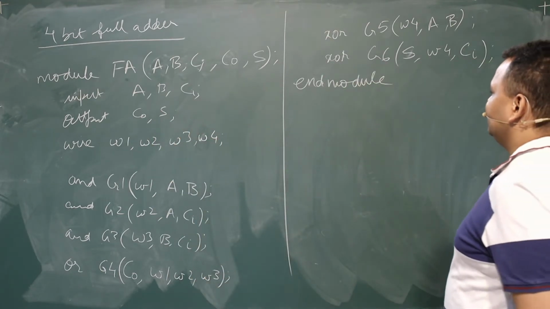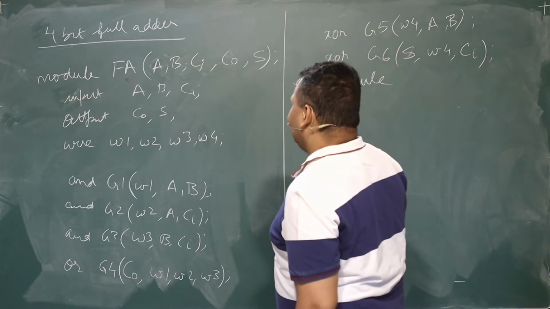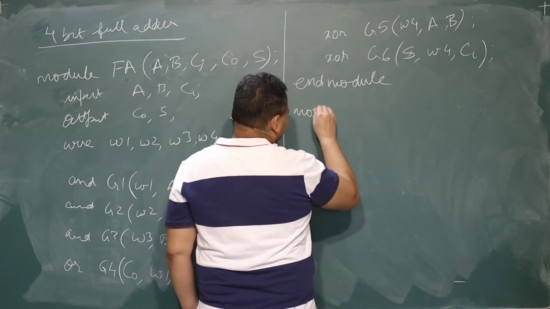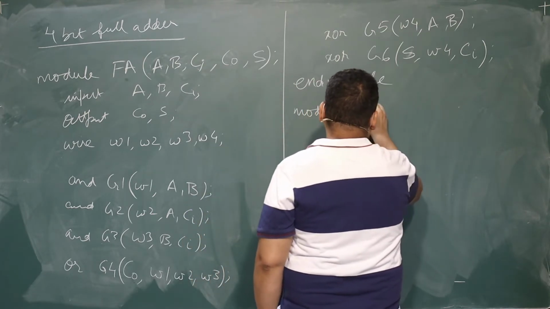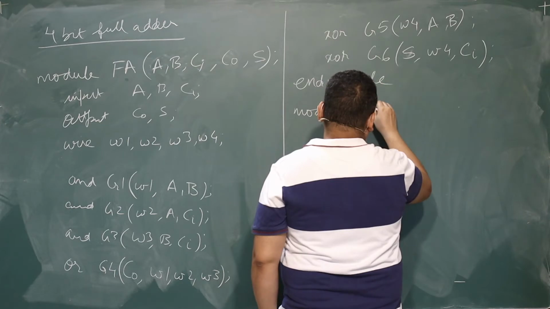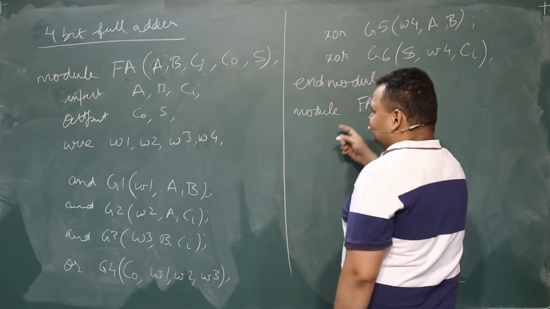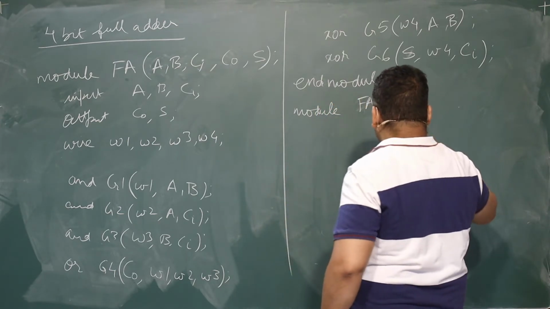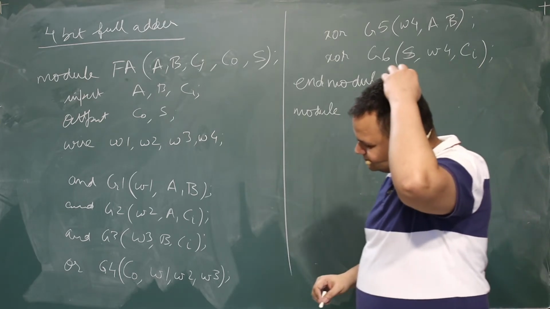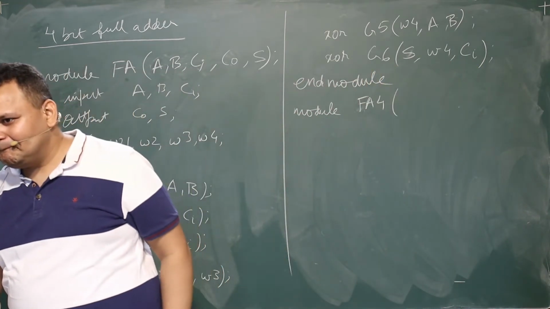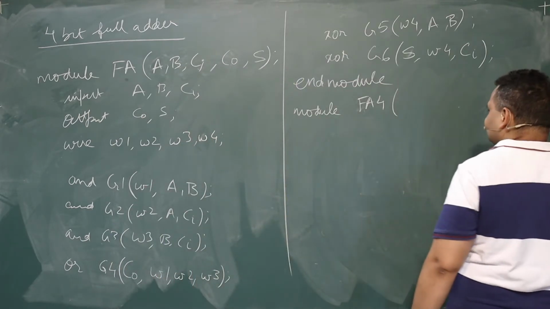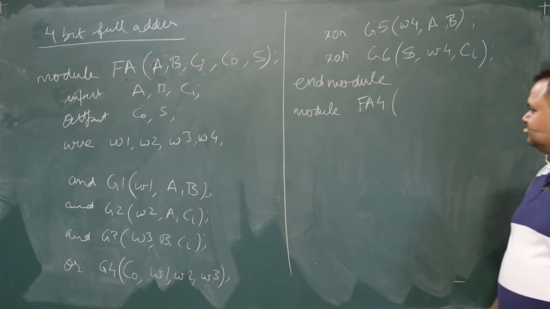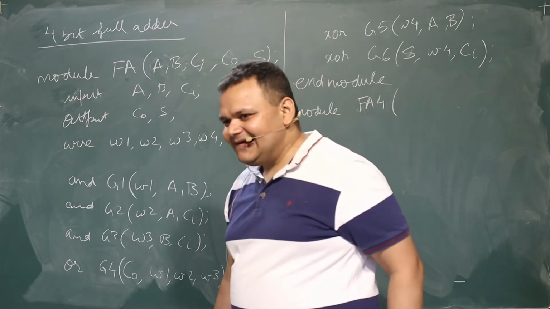Now let us call the next module FA4. How many inputs are going to be there? क्या करेंगे हम? Sir, 9 inputs. Huh? 9 inputs.